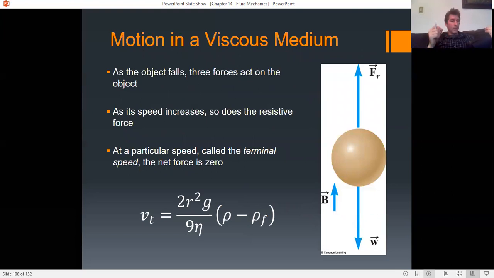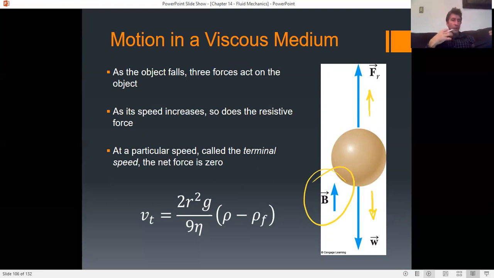If we look at, according to Stokes' law, when the force becomes equal to the force of gravity, we're basically balancing the resistive force versus the weight of the object. And also, we have to take into account the buoyancy.